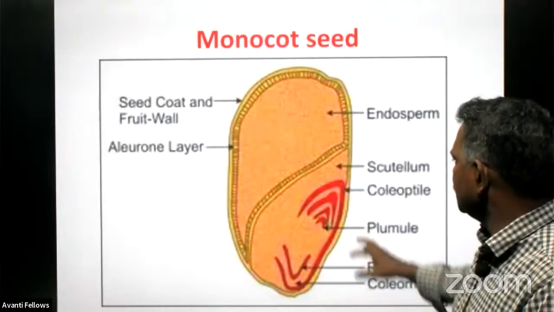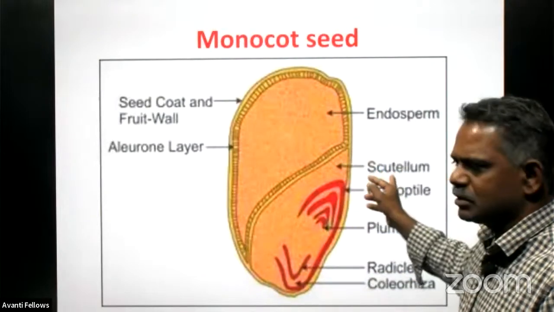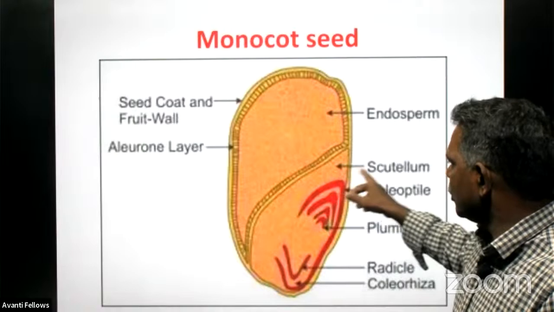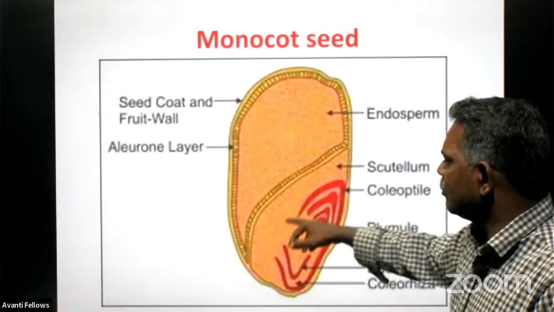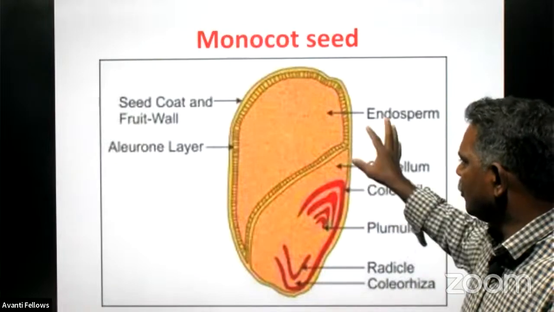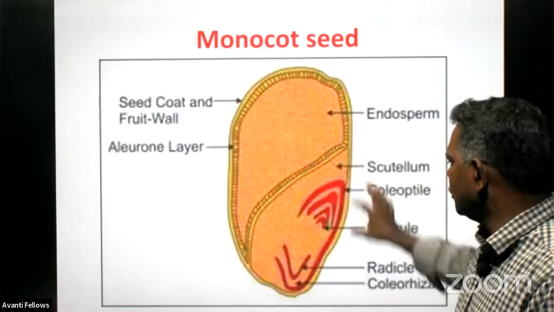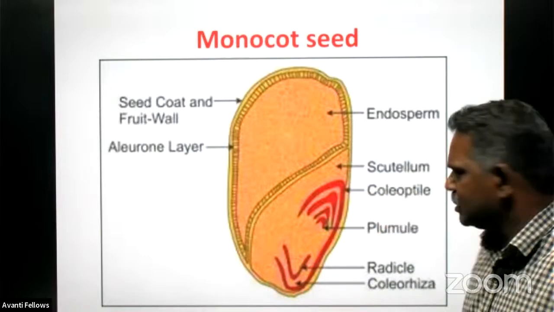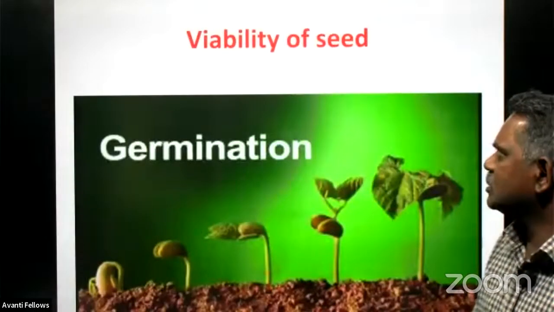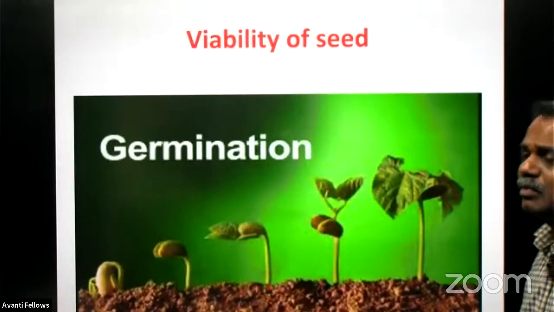Even the scutellum is there in monocot plants. It is nothing but the cotyledon, and it also stores food material, and the food material stored in the seed is utilized by this embryo to develop a plantlet. This is the structure of monocot seeds.